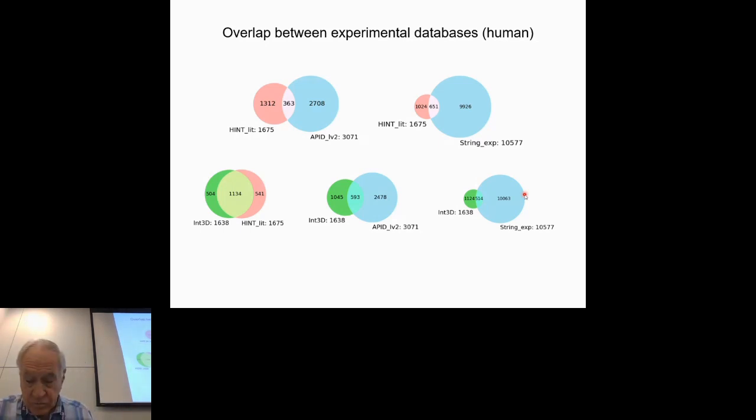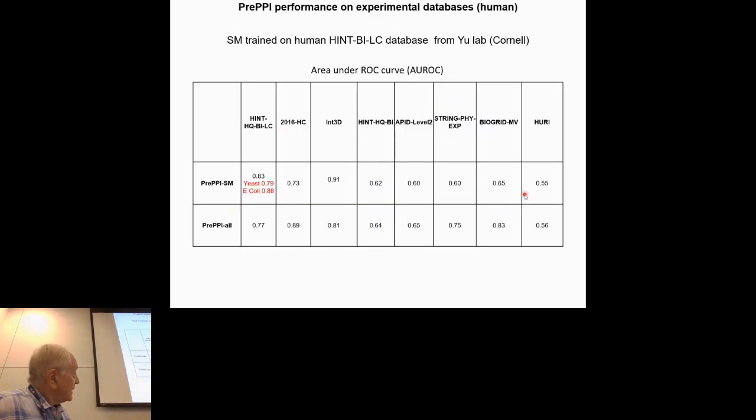To show you how we perform, I have area under the ROC curve calculated for a series of different databases. And with HINT, we do tenfold cross-validation. And the structural modeling score, our area under the curve is 0.83.